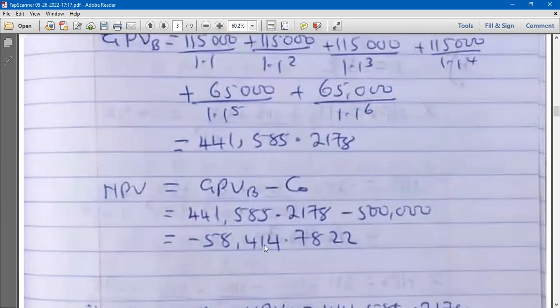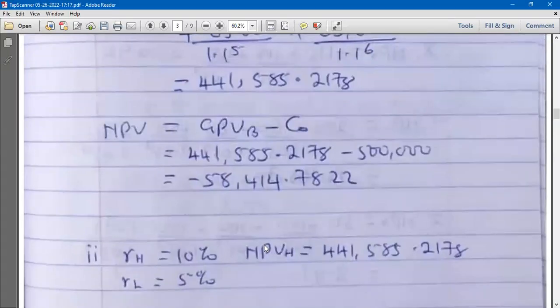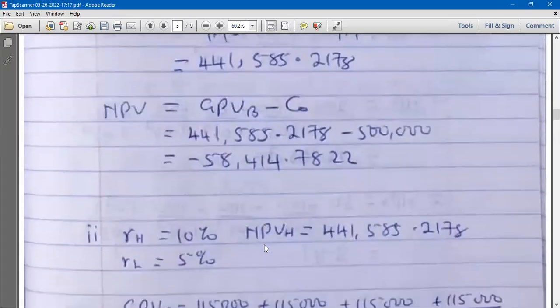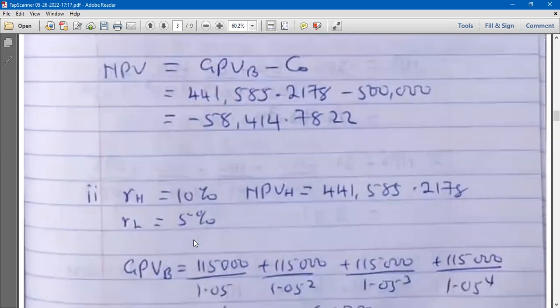Okay. Then the second part of the question was to find the IRR. So this is what we got from using 10%. So let's just use that one just to save time. You are not bound to use any particular interest rate. So just to save your own time, just pick what you've already done from the first part. So the high one, 10%, and then we had an NPV of 441,585.2178.